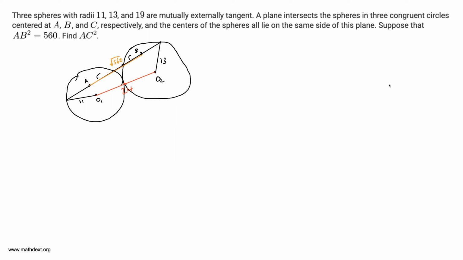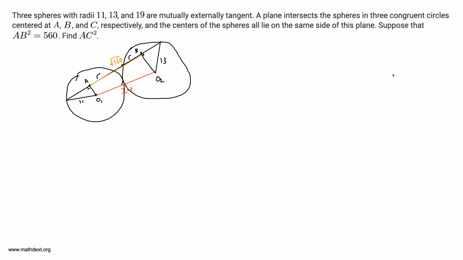Well, one thing we can do here is use the fact that if you have a circle and you draw a chord, and you draw a line from the center of the circle to the midpoint of this chord, it comes down at a perpendicular angle. You can prove that using congruent triangles if you want. I'm not going to do it here. So O1A is a right angle. O2B is a right angle.